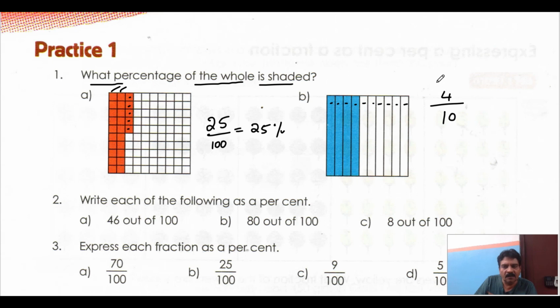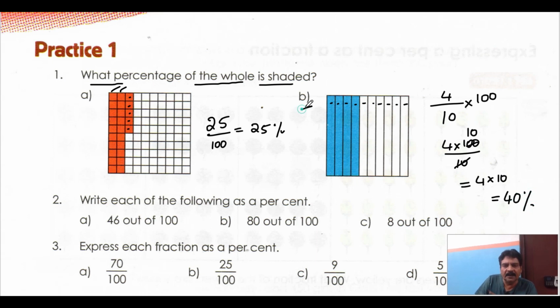Percentage means always out of 100, but here it is 10. So you simply multiply with 100. Now it becomes 4 into 100 by 10, right? 10 ones are 10, 10 tens are 100. Then it becomes 4 into 10, which is equal to 40%.